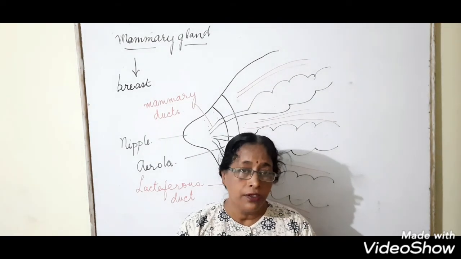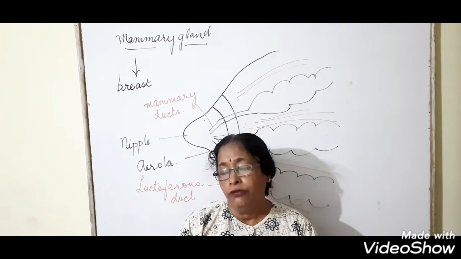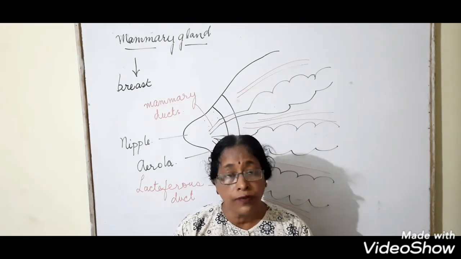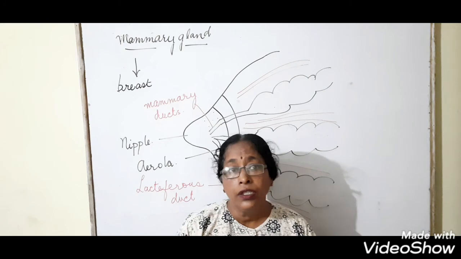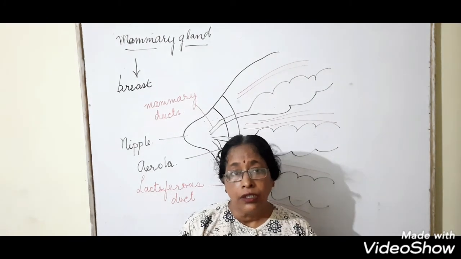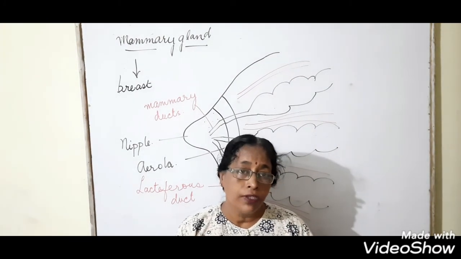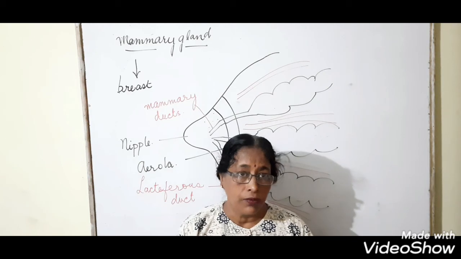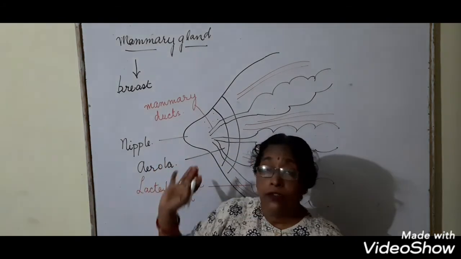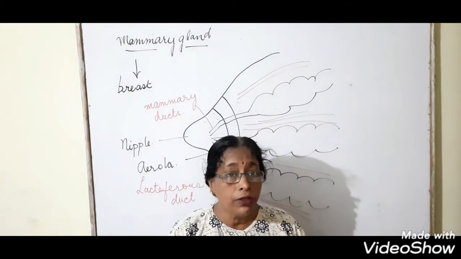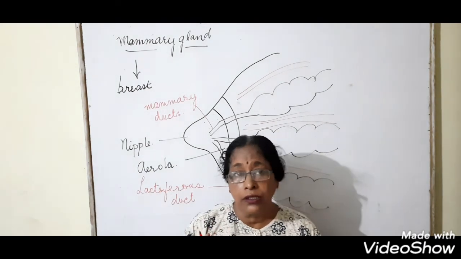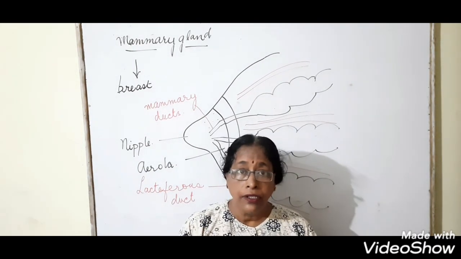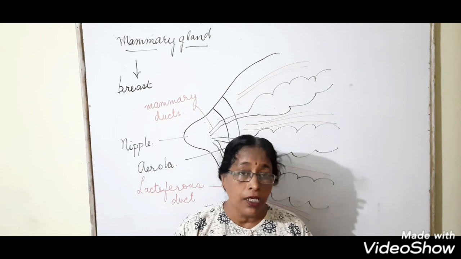We have seen the internal structure of the ovary, the structure of the ovum, and the structure of the external genitalia. There are two glands present in the female reproductive system, the mammary gland and the Bartholin's gland. The mammary gland is rudimentary in males.